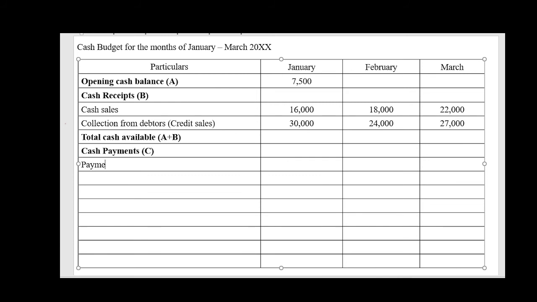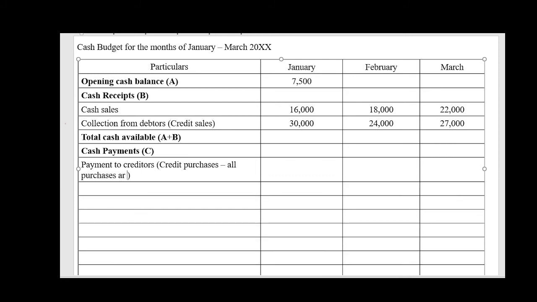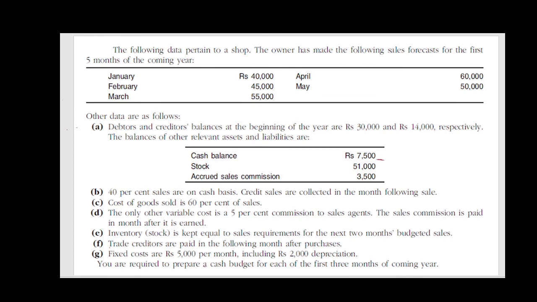We have payment to creditors. Payment to creditors arises because of credit purchases. In this problem, all purchases are on credit basis. What's mentioned in relation to creditors?